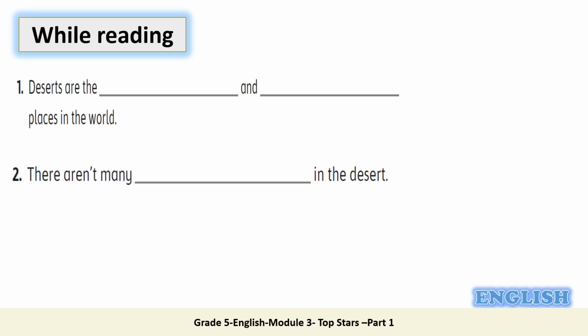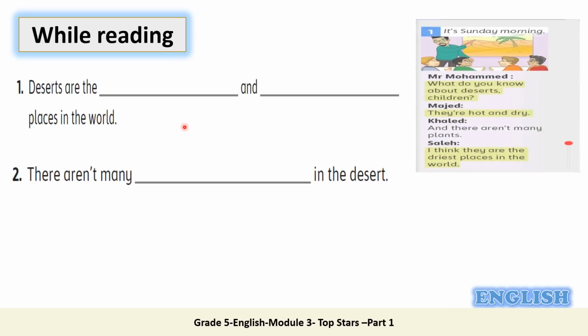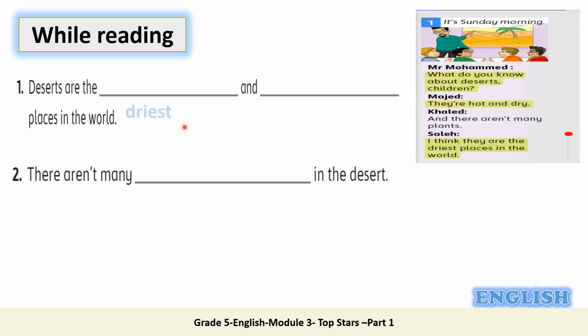Let's check the answers together. Number 1. Deserts are the driest and hottest places in the world. Number 2. There aren't many plants in the desert.